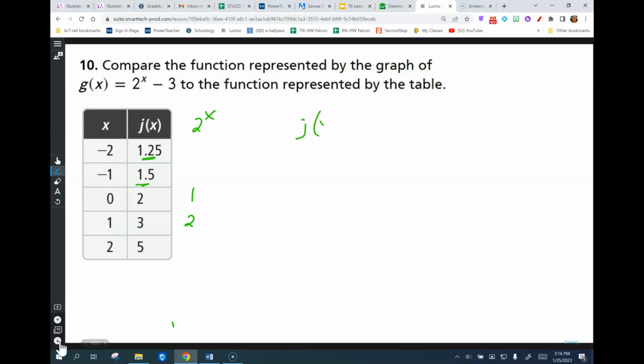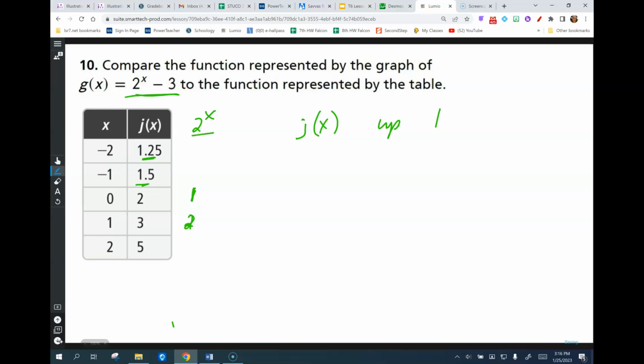So for j of x, compared to the original, it is shifted up 1. So J is up 1 compared to, okay, because this shifts up 1, this shifts up 1 to 3. So shifts up 1 compared to 2 to the x.